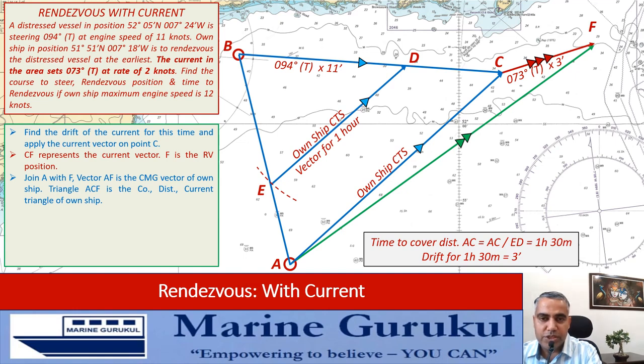The distance AC is covered in 1 hour and 30 minutes. This was calculated earlier. The current vector is also applied for the same time, 1 hour and 30 minutes. And you see the resultant of these two vectors is AF vector, Alpha Foxtrot vector, which is the course made good vector of own ship for the same time, that is 1 hour and 30 minutes.